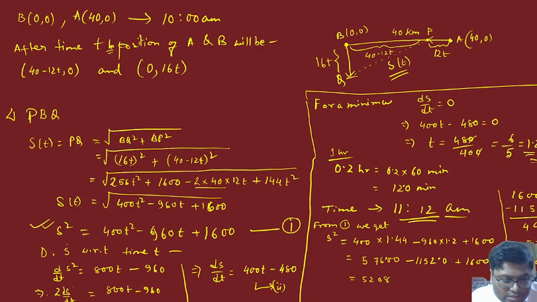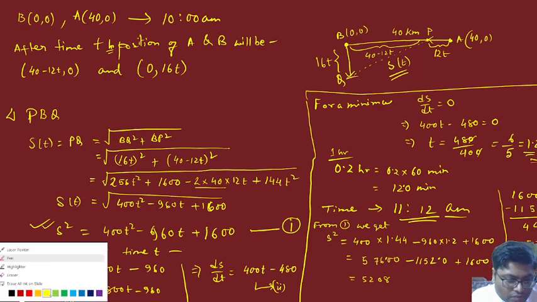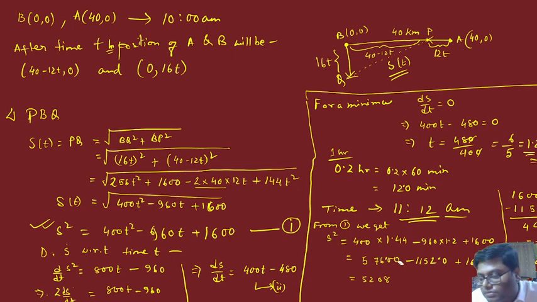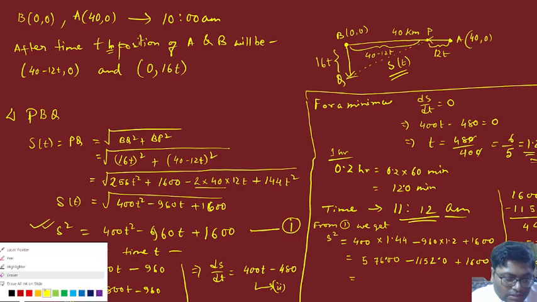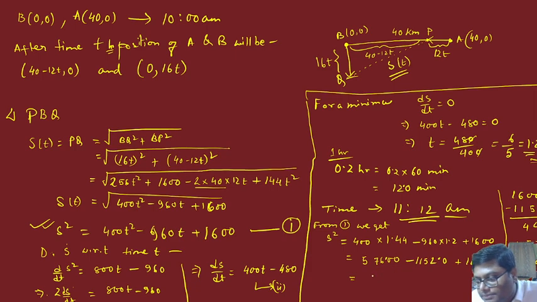So the answer will be 1024. So 576 plus 448 is equal to 1024. So the value of a squared is 1024.